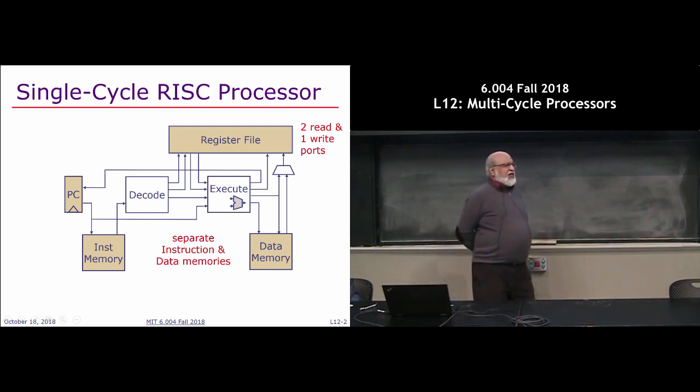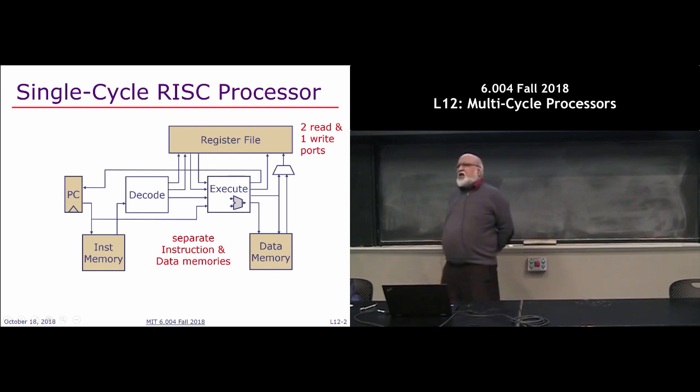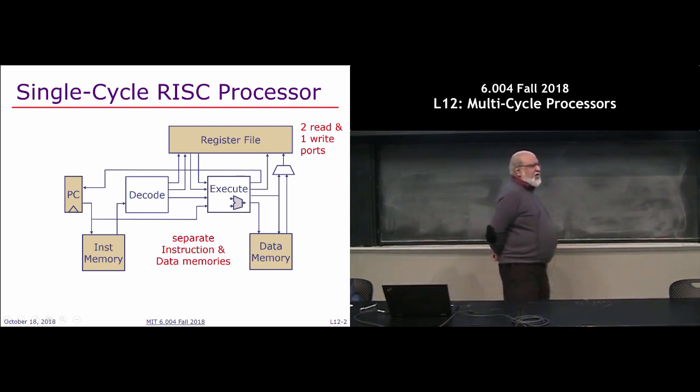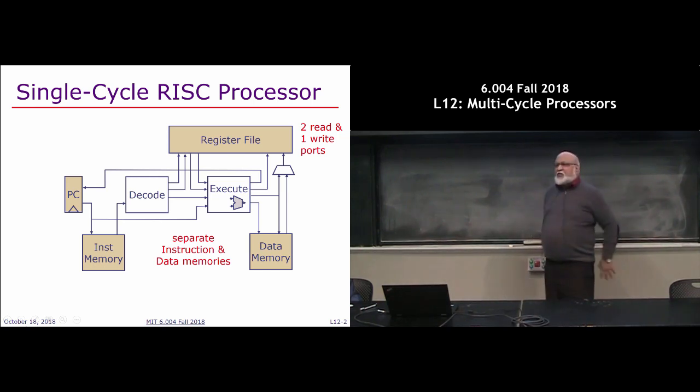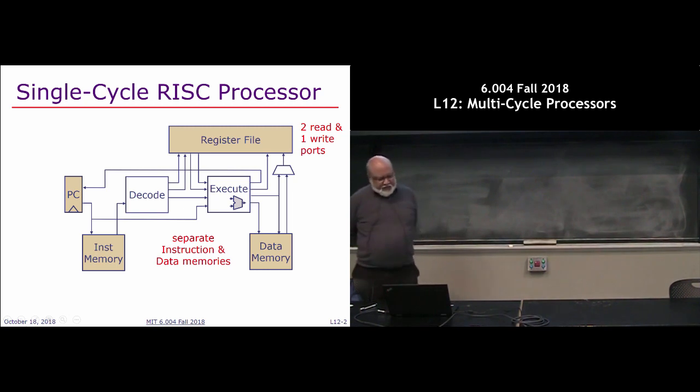Then we have some important logic inside it, a decoder and an execution unit. The execution unit essentially produces values that are needed to update the state of the system. That's how we go from one clock cycle to the next, because the values coming out of execute are used to update the register file, PC, and memory.